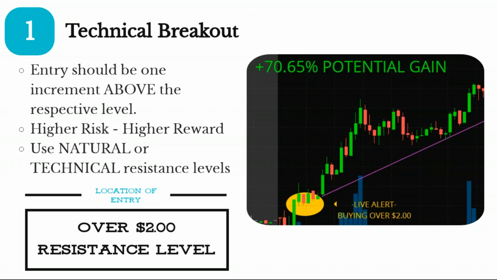But on the flip side, we could look at charts that faked out over that $2 level, got shorted really heavily, and pushed back down. Now, technical breakouts for stocks that have a high upside are going to come with volatility. It's going to come with maybe a higher spread, more risk.